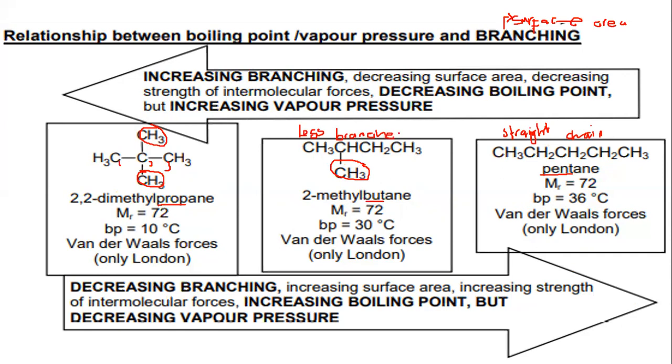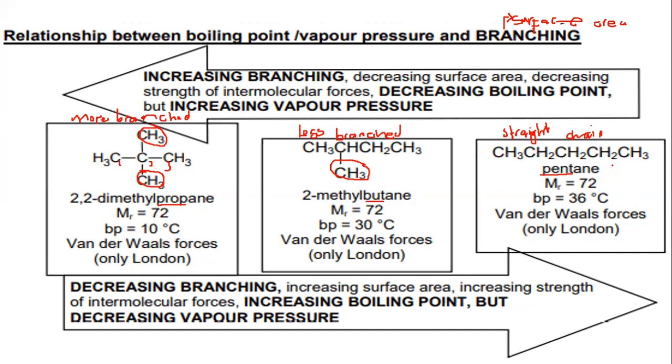Then if you look at the other molecule, it has 2 branches. So this one is more branched. Now, let us look at what is the impact of branching. Because when you start from left to right, we can see we have a straight chain, we branch it a little bit, and we branch it some more.